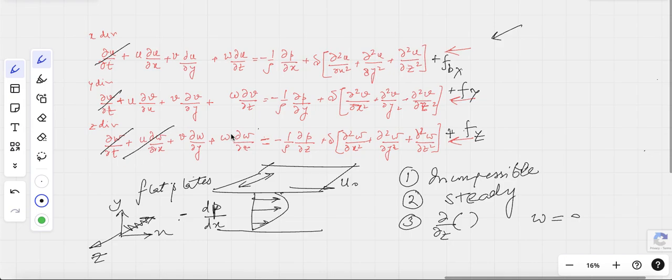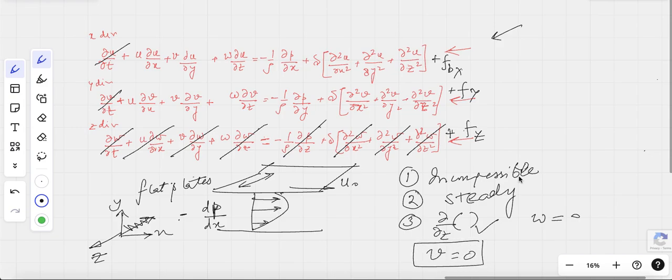So this entire thing goes, right? This goes away because there is no variation in the direction, right? v is also equal to 0.